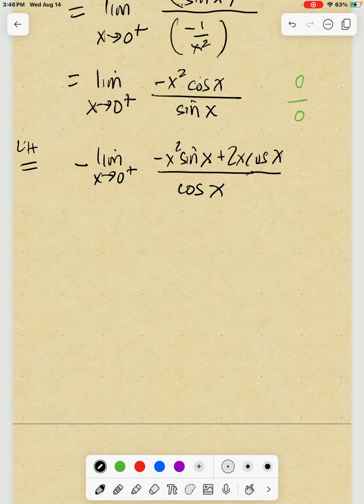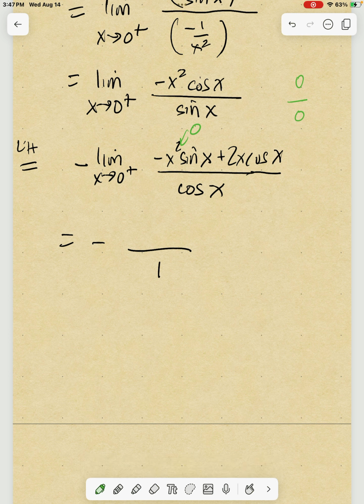And now I can evaluate the limit, finally, because I have 1 on the bottom. So this is equal to negative, and then I have a 1 on the bottom. On the top, when I plug in 0, I get 0 here, and here I get 0.